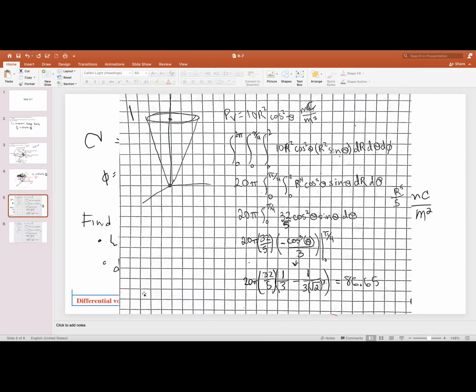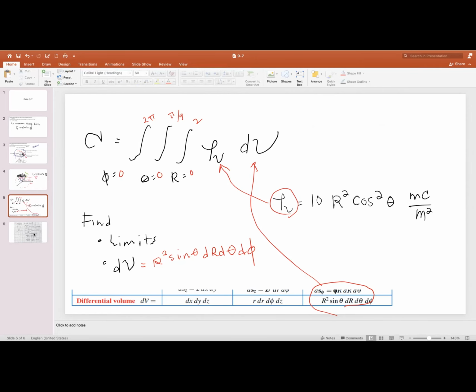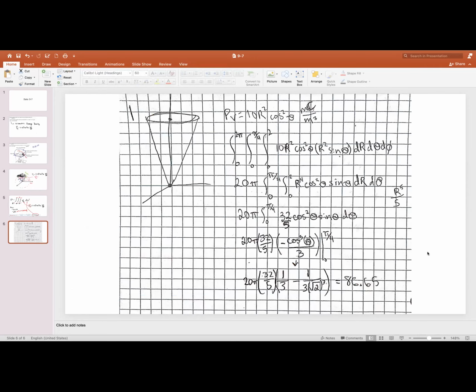All right. So this is the answer that I get also, with one exception. What should the units be on this? We just added up a bunch of charge. What are the units on that?